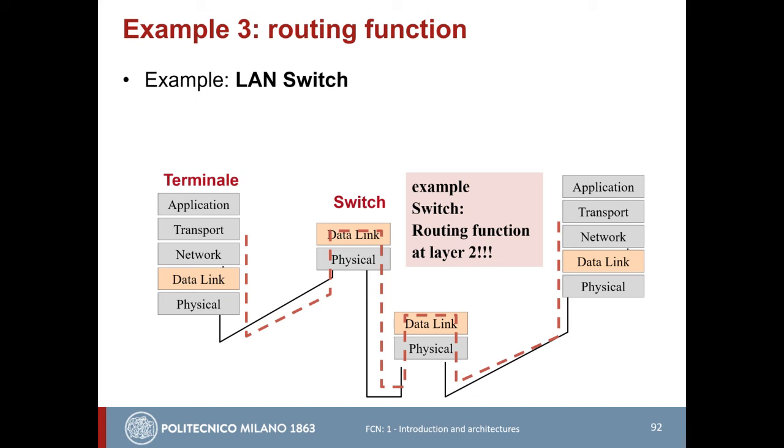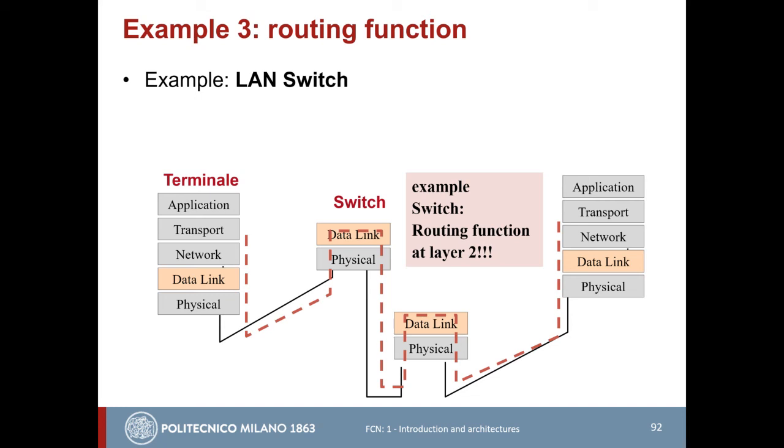So when you are crossing the switch as an intermediate node, the packets are only processed at the data link layer. You don't need to implement the network layer, the transport layer, and the application layer. So in the switch, you have only these two layers. And then the packet is processed in this way until it reaches the destination.